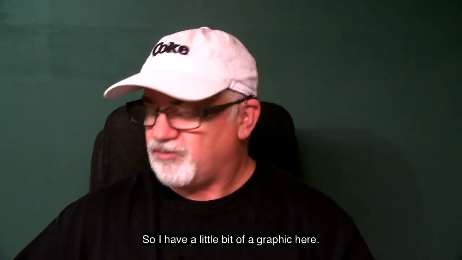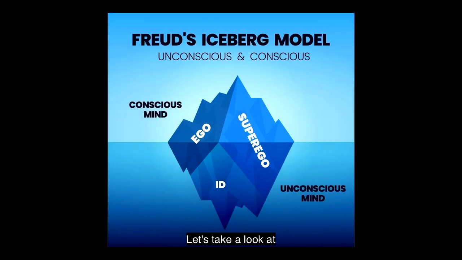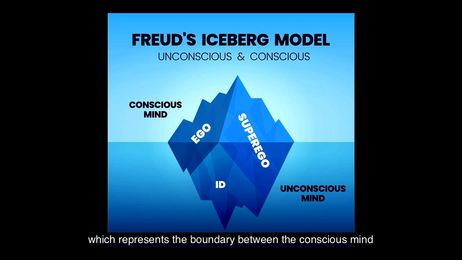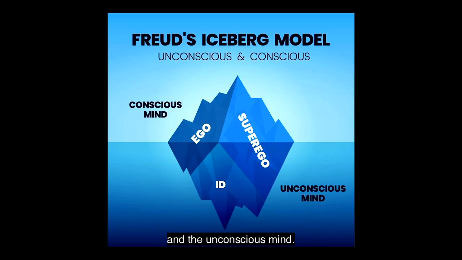So I have a little bit of a graphic here. Let's take a look at Freud's personality model. We have the surface of the water, which represents the boundary between the conscious mind and the unconscious mind, although we do see some writings about what's a subconscious, sort of aware, sort of unaware.